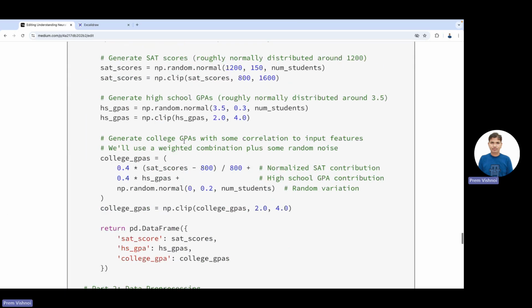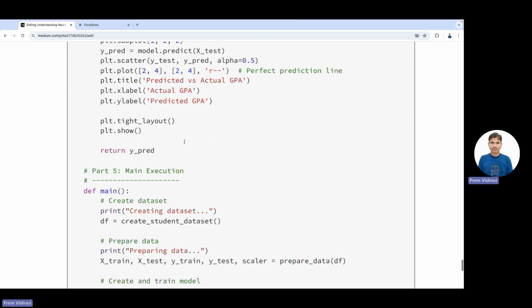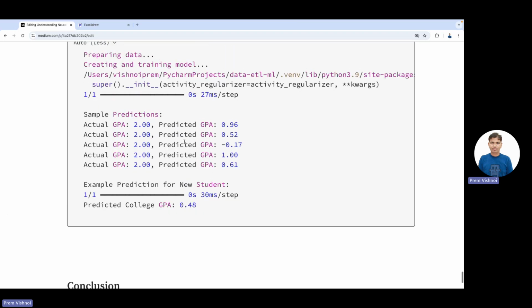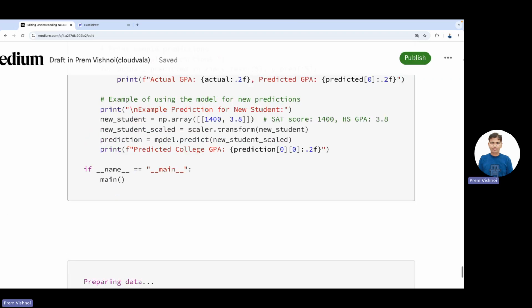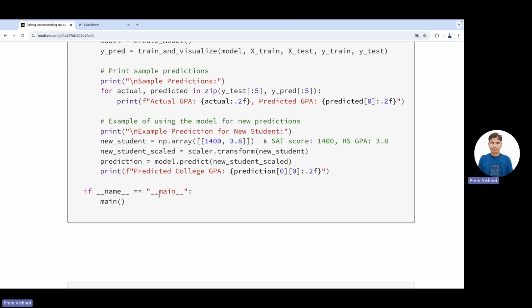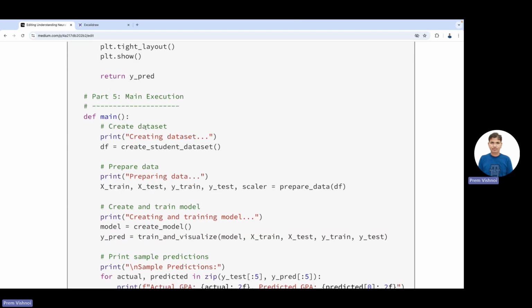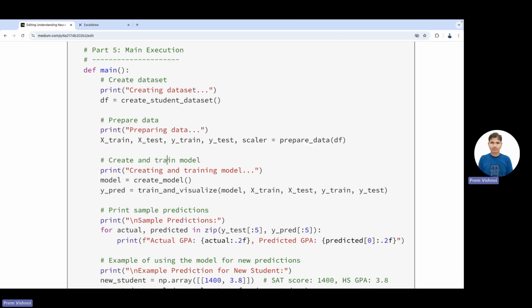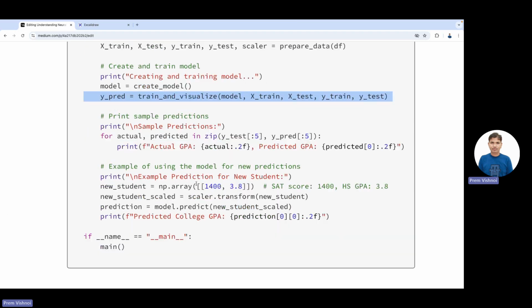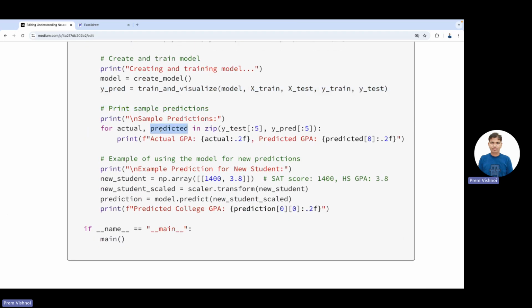We use ReLU here. This is the code I have written, and this is the output. The program starts from main, then creating datasets, then prepare datasets, then creating and training the model, then visualizing the model, and printing sample predictions, actual GPA and predicted GPA.